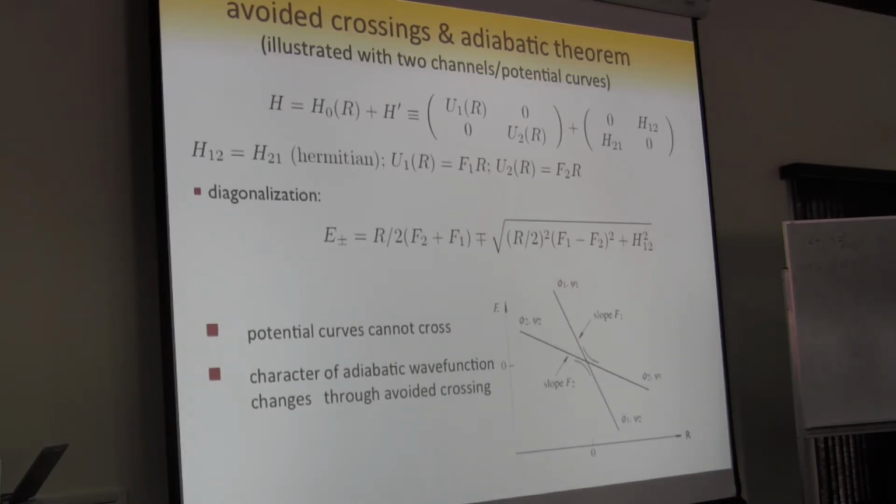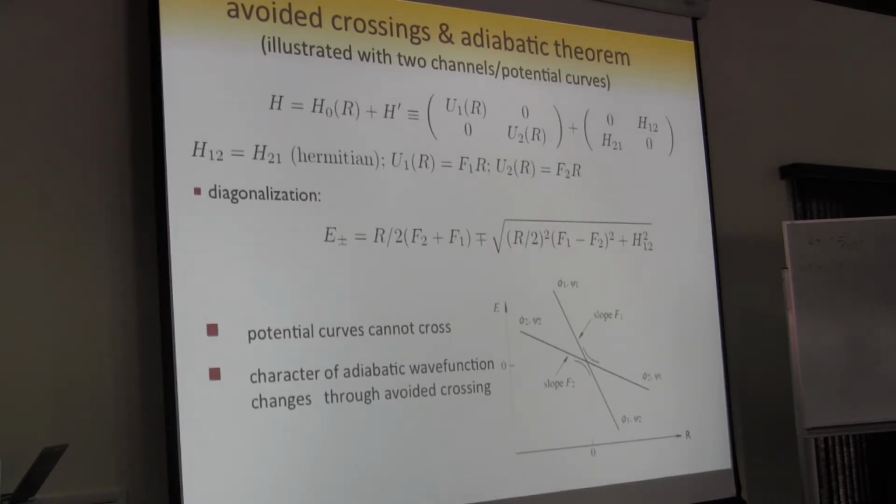And you see very clearly that the potential curves cannot cross, because when you try to make them cross, you have to make the square root 0, but this is not 0, this is just your perturbation, so this will always be a finite value. And this is why you get a gap, which, depending on your perturbation, you can view again as a Rabi frequency or just a coupling matrix element, whatever is in your actual problem.